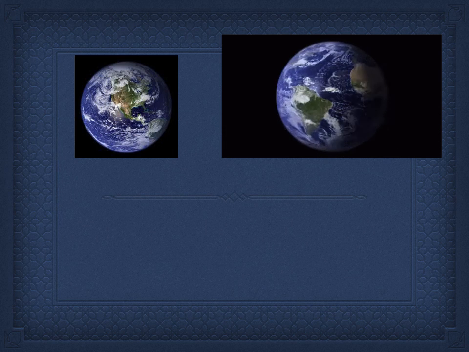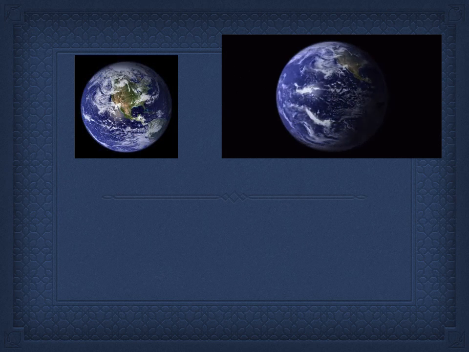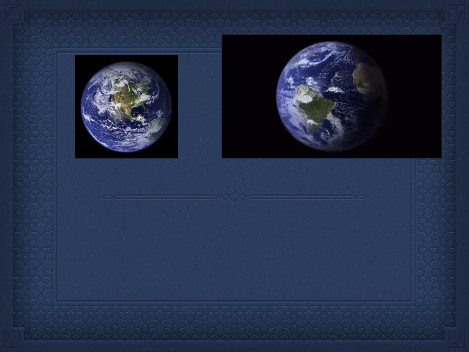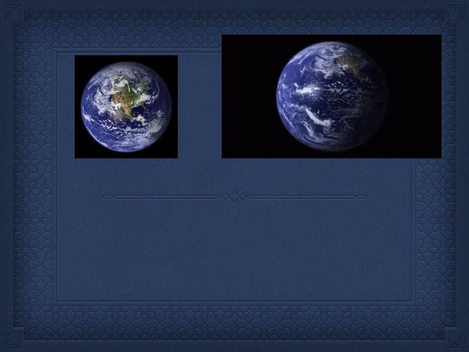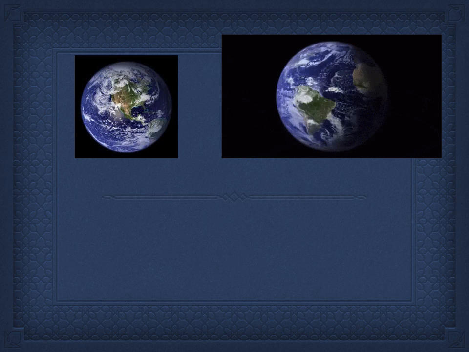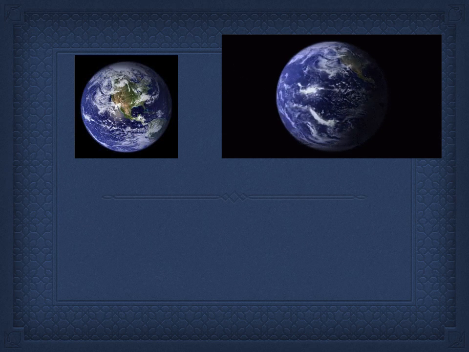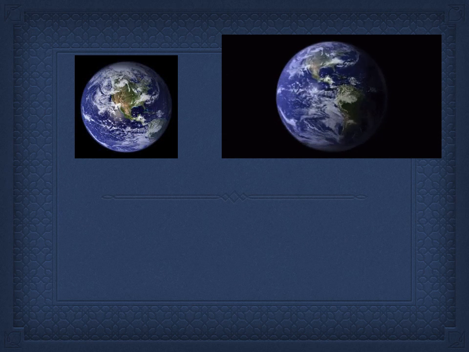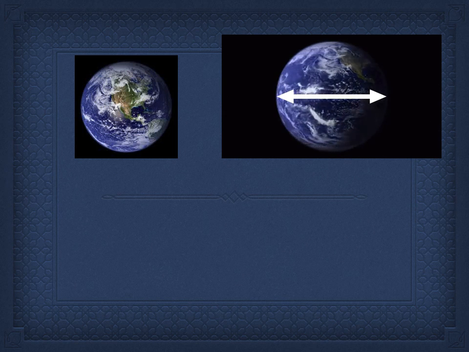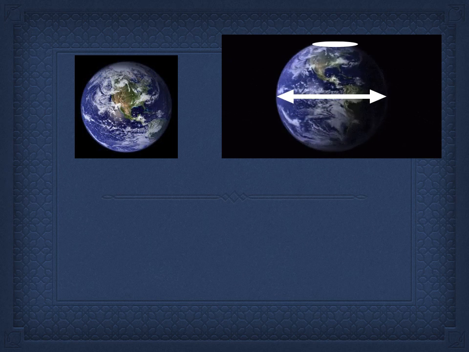The reason is that the shape of the earth is not exactly spherical, and so the distance of a point on the surface of the earth from its center differs from place to place. Now you can see that due to its rotation, the earth bulges at the equator and is flatter at the poles.